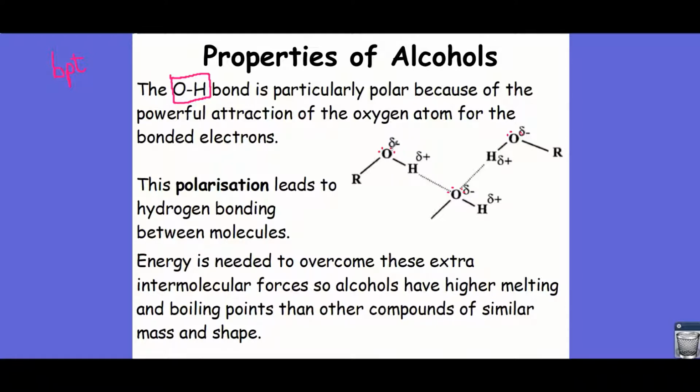Now, because the oxygen is more electronegative and it contains these lone pairs, the bonding pair of electrons will be pulled much more significantly towards the oxygen, setting up this polarity here. So you've got our lone pairs of electrons and our bonding pair closer towards the oxygen. So that polarity is quite significant.